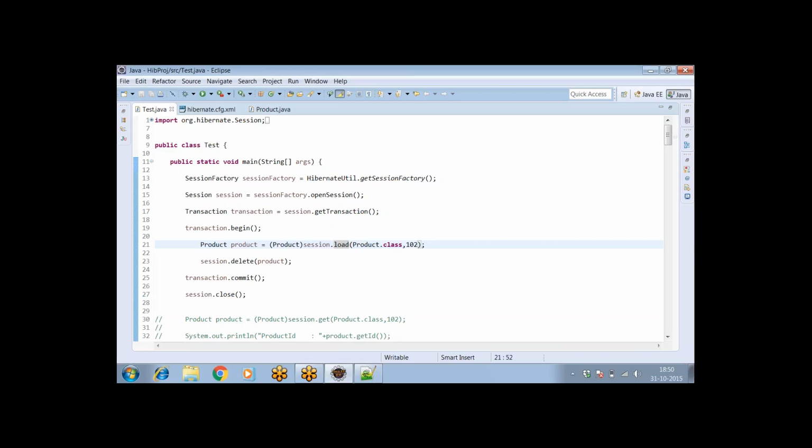Okay, what about the load method? Load method will also fetch the record, but there is a difference. Load method will not immediately hit the database server here.